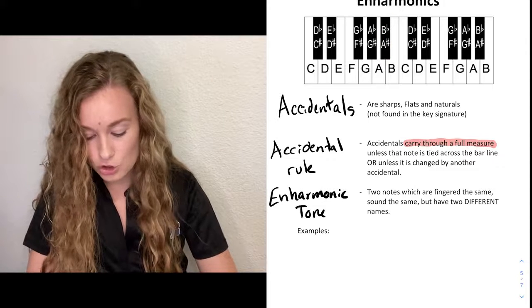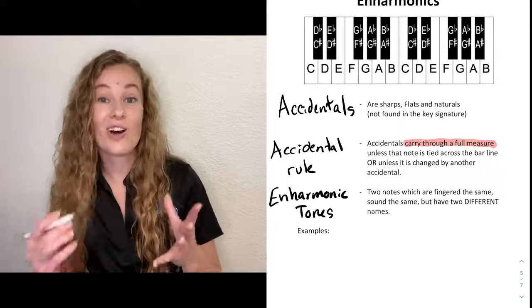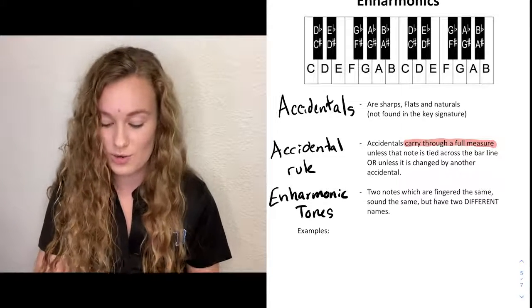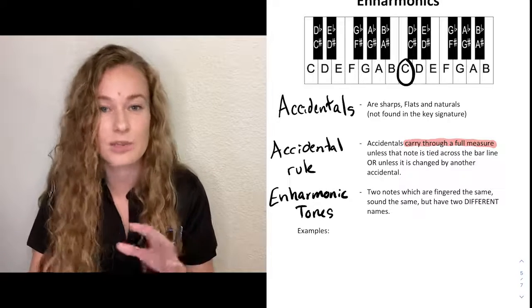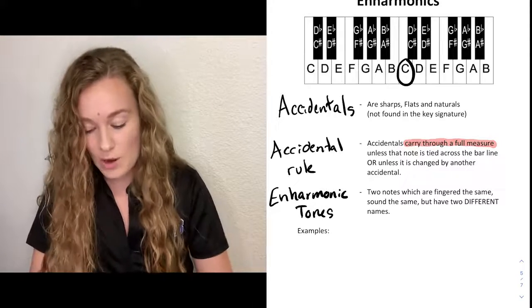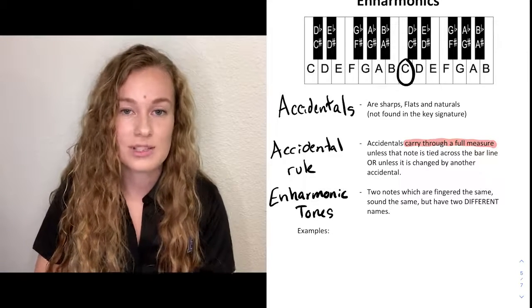Now, here's a tricky one that they don't have written on here, but they are still enharmonics. So right here, I have my C. And you could see this in your music. It's pretty rare, but it could happen. And I want to go down a half step. And I want to say, what is C?